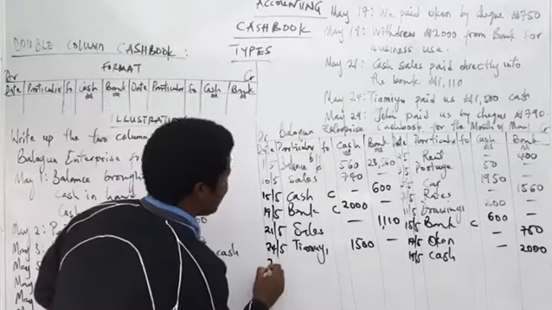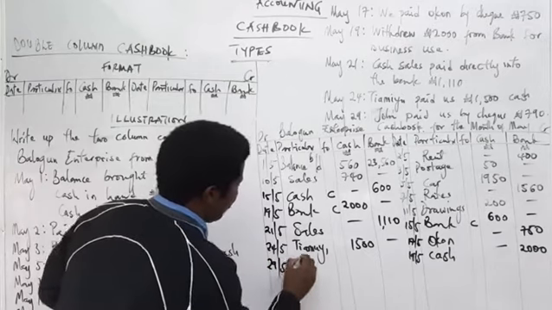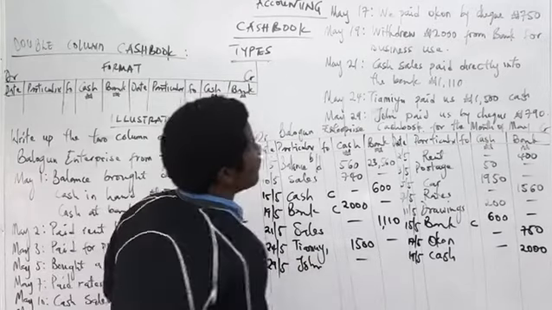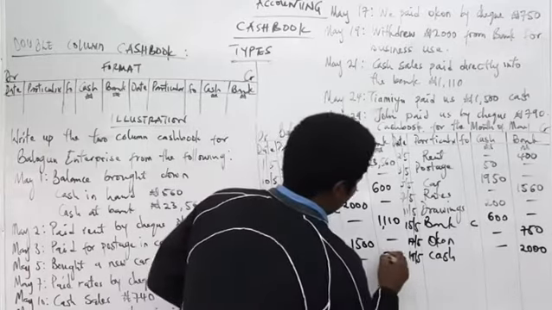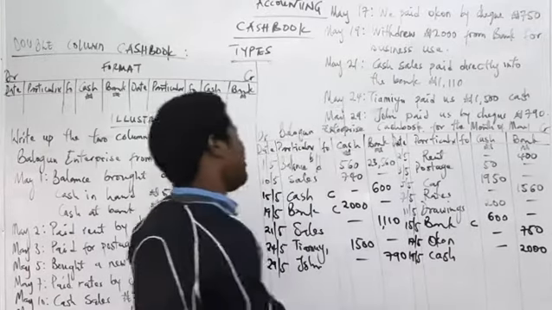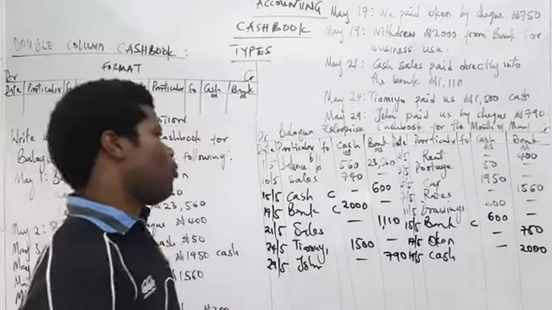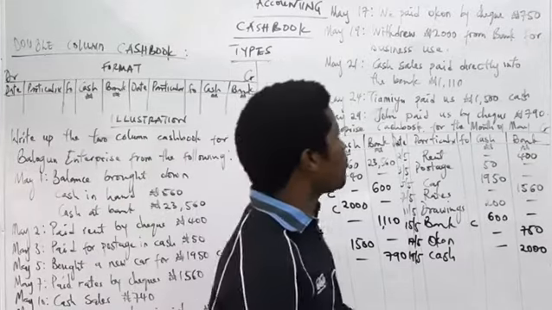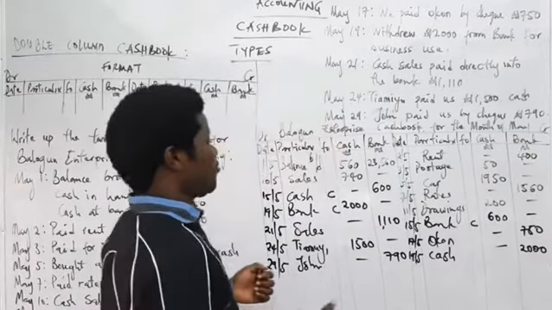On the 29th of May, John paid us by cheque the sum of 790 naira. Wow! So we have finally come to the end of this illustration.